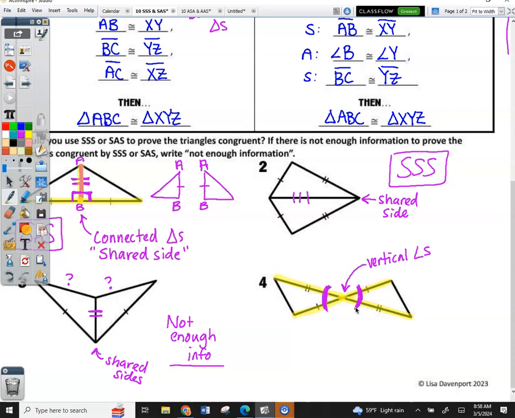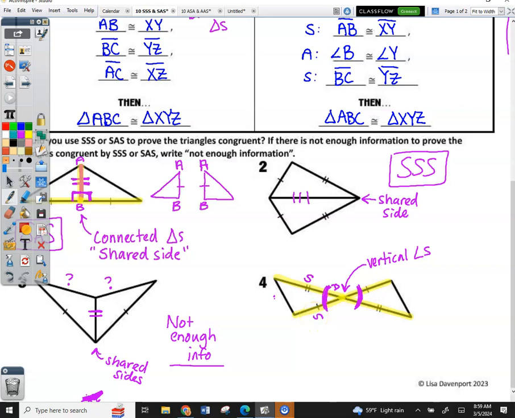A second way to verify, if you're not a big fan of the highlighter technique, you start in a blank area of the triangle. So like you start right here. And then you work your way around the triangle and you just write the letter S or A based on what is congruent. So as I work my way around, this is a pair of congruent sides, and then this means congruent angle, and as I keep going, this is a congruent side.